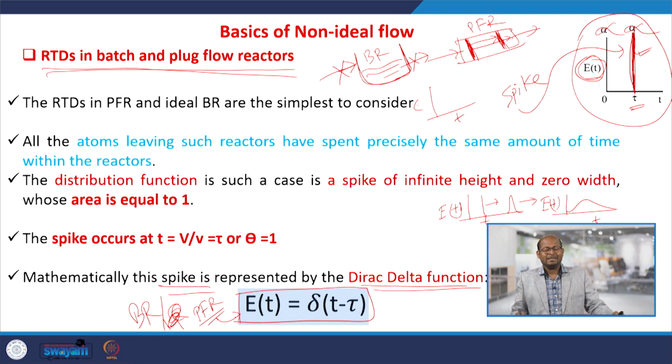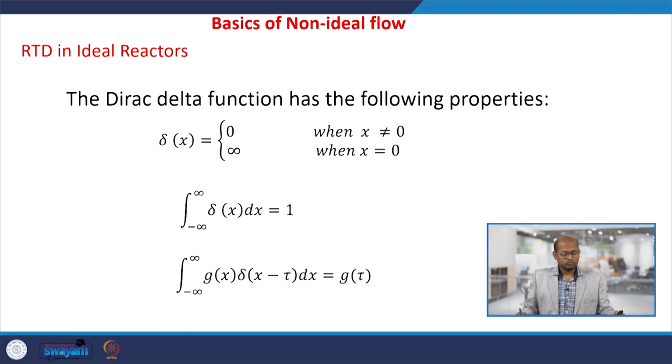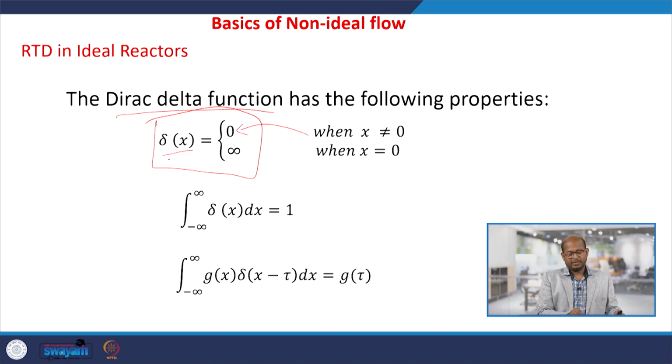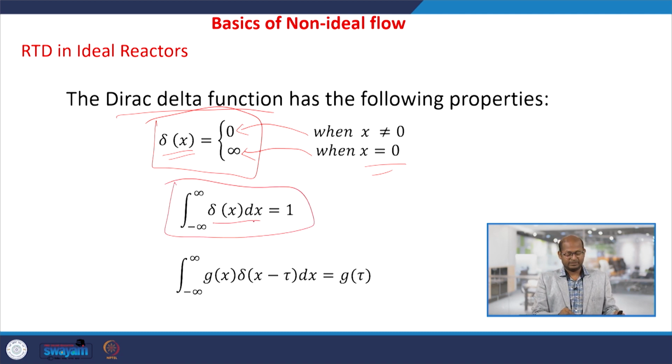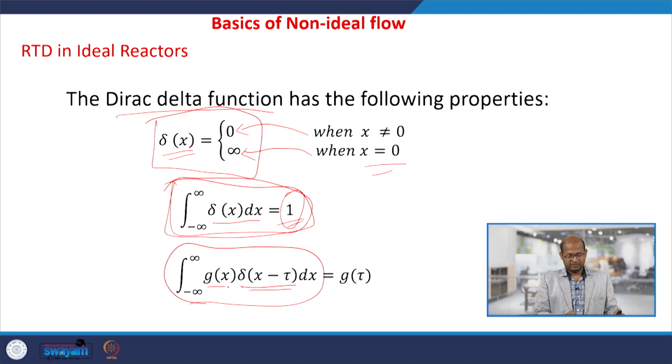So, what is the Dirac delta function? The delta function has the property delta(x) = 0 when x is not equal to 0, and delta(x) = infinity when x equals 0. Also, the integral from minus infinity to infinity of delta(x) dx equals 1. And if we have a function g(x), multiply it with delta(x - tau) and integrate with respect to x, the result is g(tau).